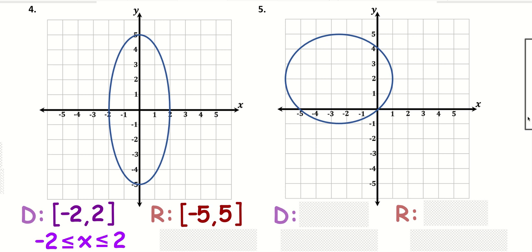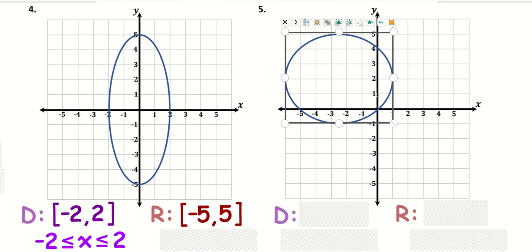Likewise, this graph over here, for all of the x values, from the smallest x value to the largest x value. In other words, how far left does this graph go? Right here. What's the furthest left x value? -6 apparently.